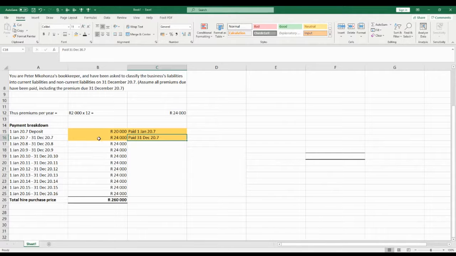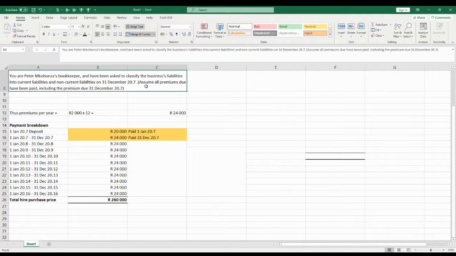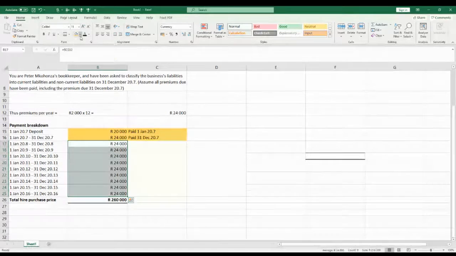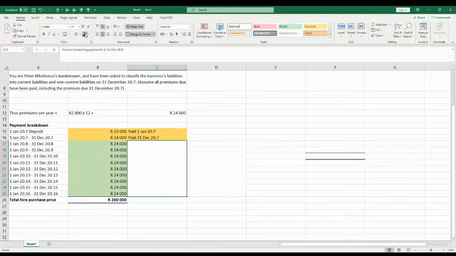And how do we know that has been paid in full? If you see this information in the brackets, it says assume all premiums due have been paid, including the premium due 31st December 27. So that means this full 24,000 has also been paid. What does that mean? This means these amounts here, which I'm going to make light green, are all still outstanding.